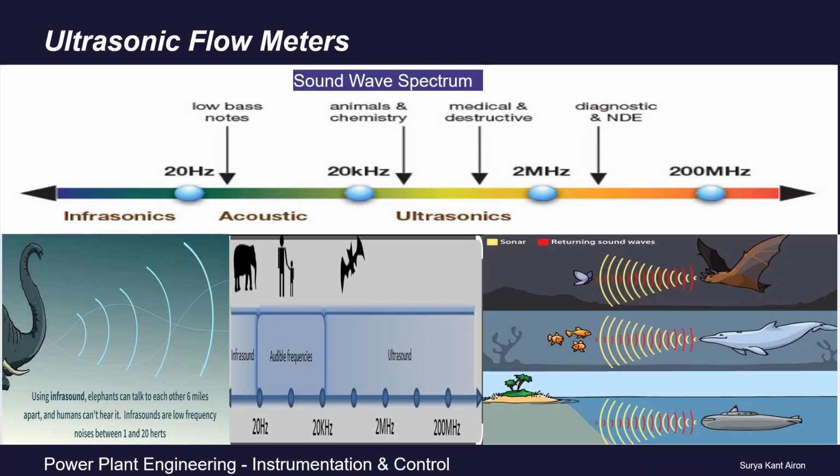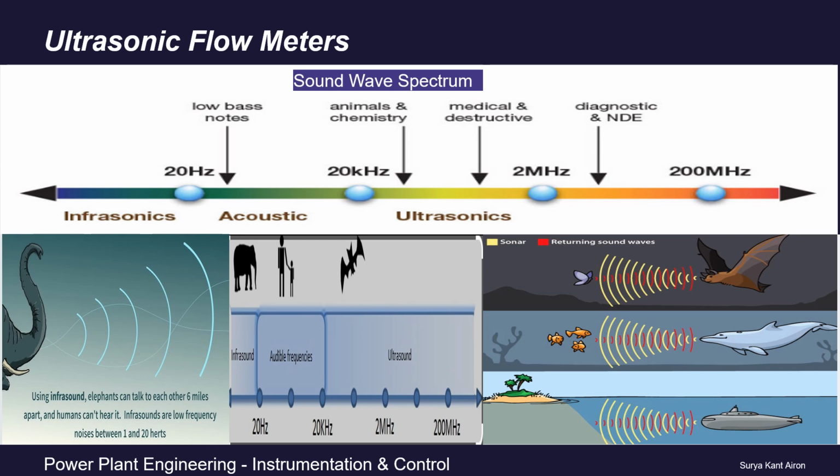The word sonic refers to sound and specifically to sound waves. If we look at the sound spectrum, we can split it basically into three parts. The audible frequencies or acoustic sound, which we human beings can hear, is in the range of 20 Hz to 20 kilohertz.